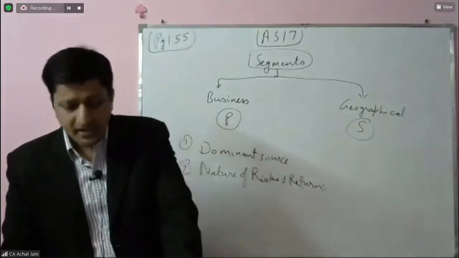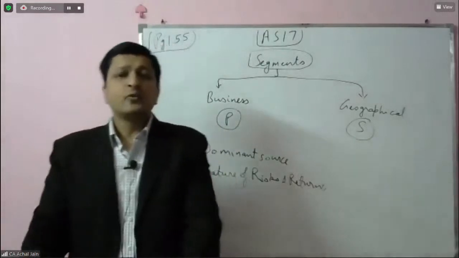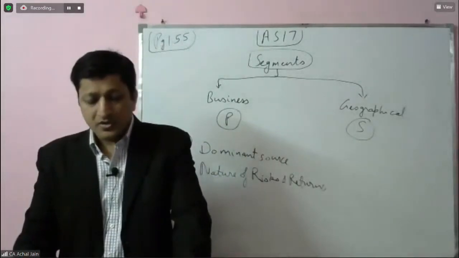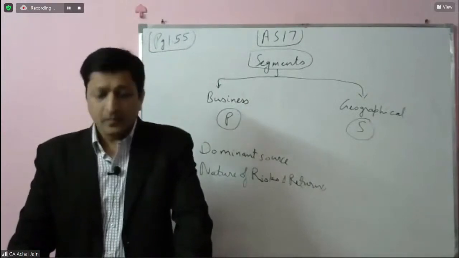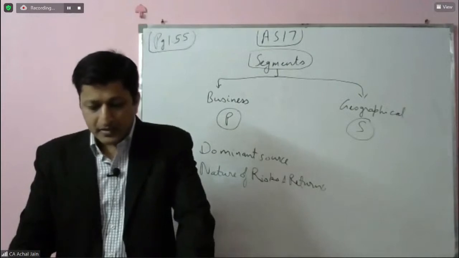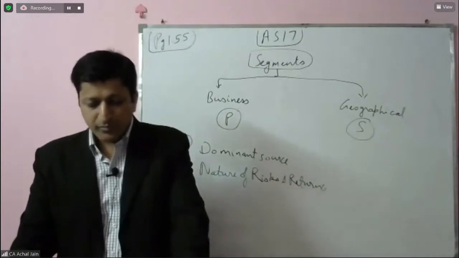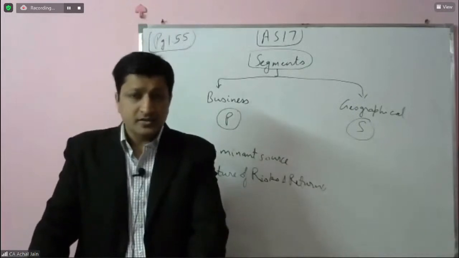So let's see that again. For those segments reported internally to the directors and the management that do not satisfy the definitions, management of the enterprise should look to the next lower level of internal segmentation that reports the information along the product and service lines or the geographical lines.